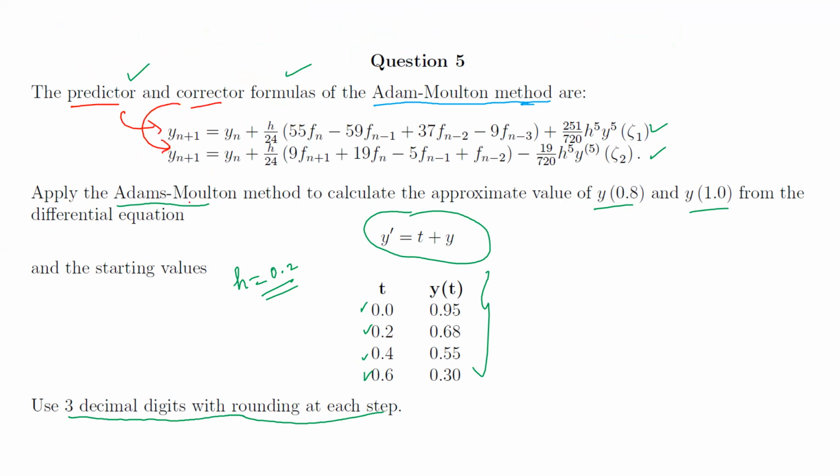So we have them and then you write them down, but we leave out the last order terms.